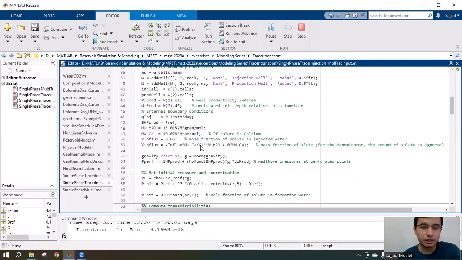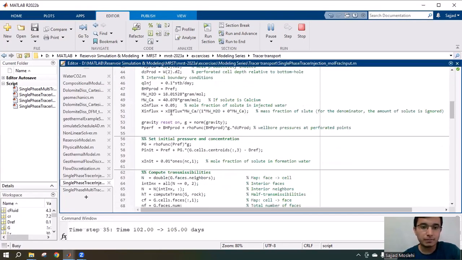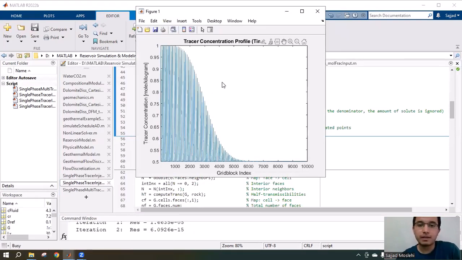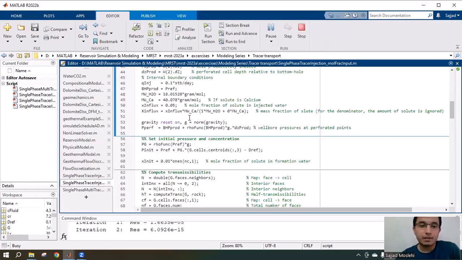The input concentration for the tracer is specified in mole fraction here. 0.05 is the mole fraction of the tracer in the injected water, which means that the concentration is 0.05 mole of the tracer in 1 mole of the solution. That's the meaning of this mole fraction.